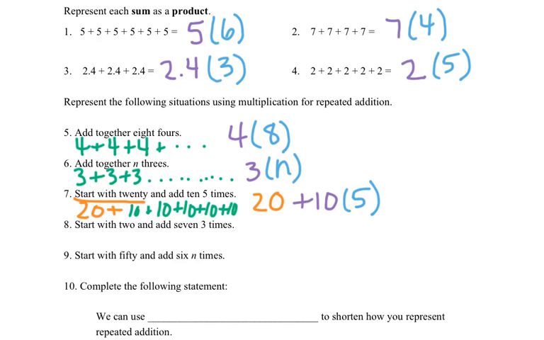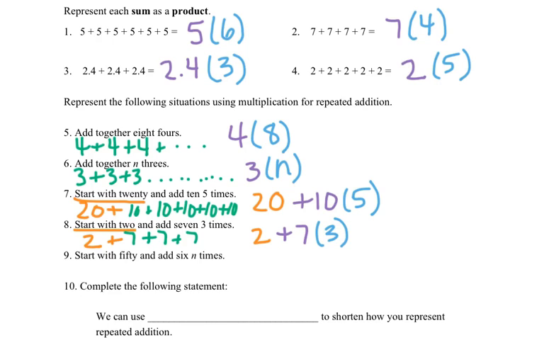All right, with number 8, we're going to start with 2, and we're going to add 7 3 times. All right, and so the faster way to write this would be 2, and then the number we're adding multiple times is a 7, and the number of times we're adding it is 3 times.